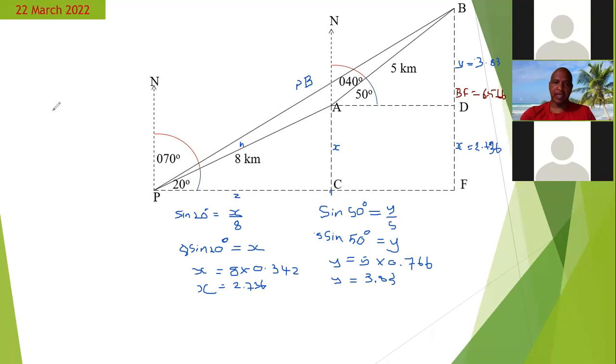Exactly, so we could do that. If we use adjacent over hypotenuse, what ratio are we using? Cosine ratio. All right, so cos of 20 degrees.